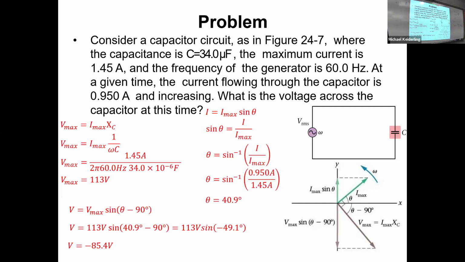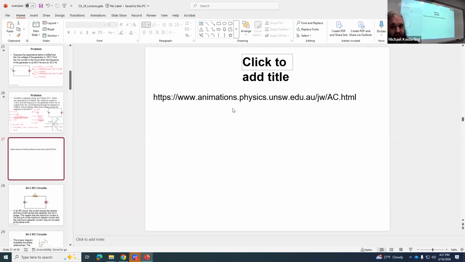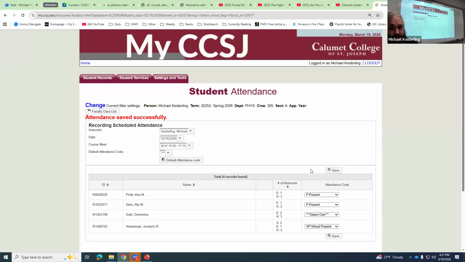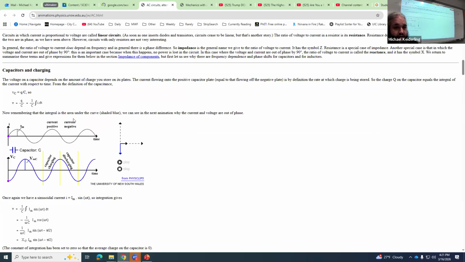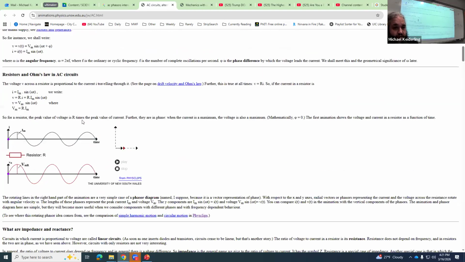And so to give you an idea of what's going on here, I can show you some animations of phasors showing you them rotating. And these are at this site, animations.physics. I have them open here.